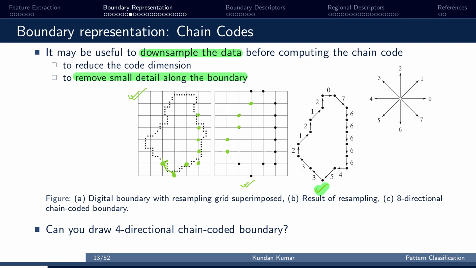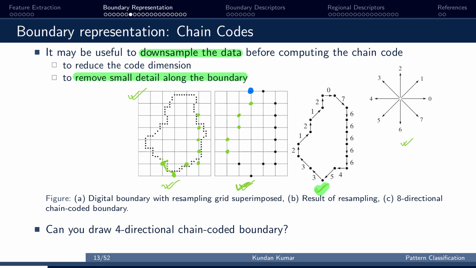and then we apply our chain code. Suppose you have this grid point representation of this boundary, then how can we write our chain code? Suppose we want to write our chain code using the 8 directional encoder, then we start from the top left corner of this grid.